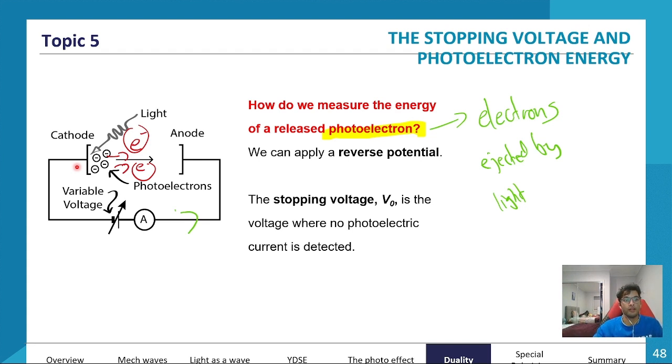If there's no current, that means the reverse potential is the same as the forward potential, because the electrons are being balanced out by the opposite force of the voltage. This is called the stopping voltage. So how much voltage do we need so that there is no current being formed?